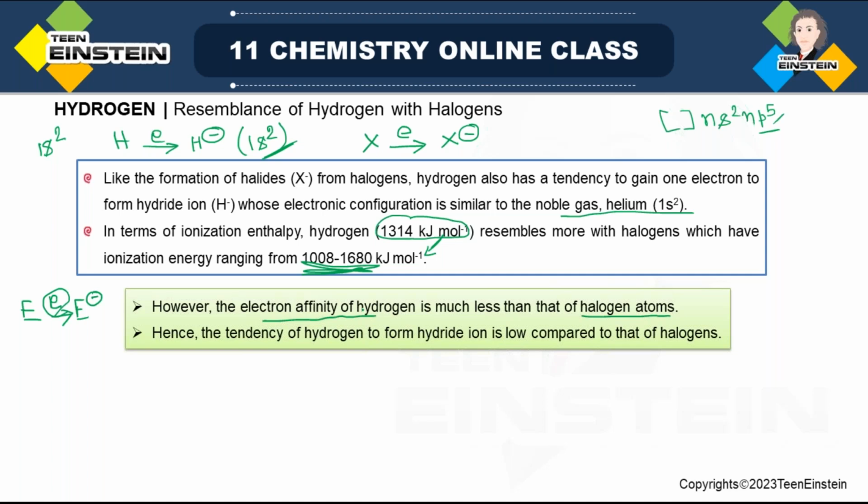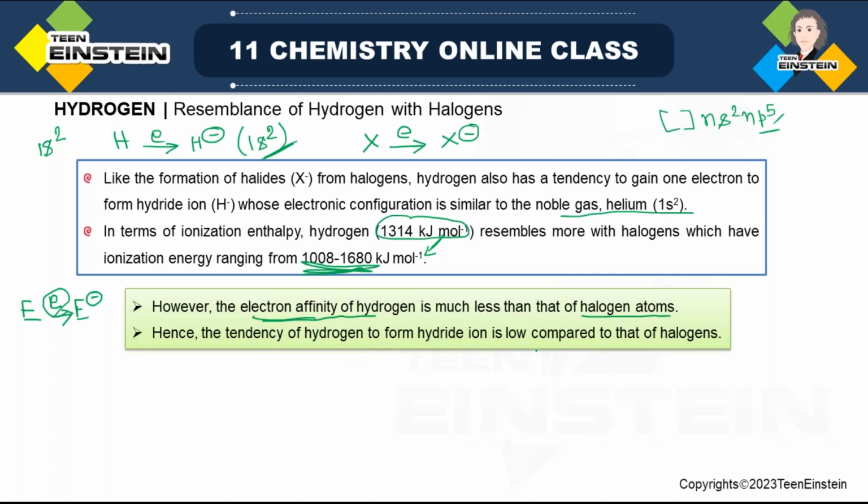But for hydrogen, if you want to add one more electron, though there is evidence of formation of H minus, compared to halogens the tendency of electron acceptance is obviously less. So this is the difference between halogens and hydrogen.